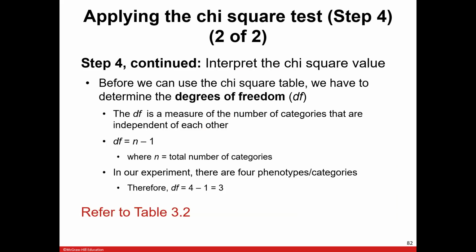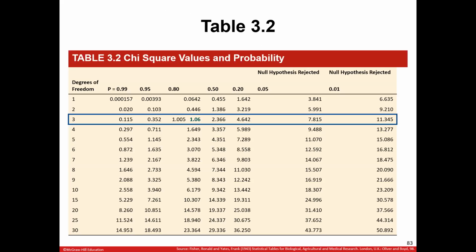But in this case, they were talking about the degrees of freedom, and using our chi-squared value here being 1.06, we can go through and say, all right, that is definitely higher than the 0.05 cutoff.